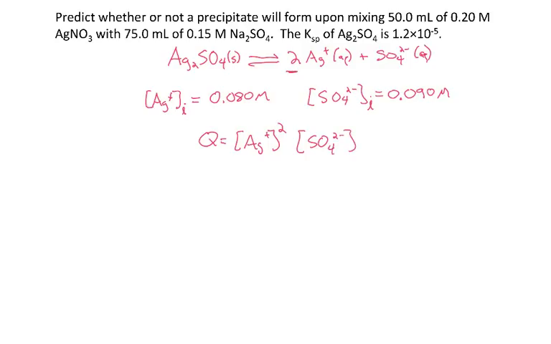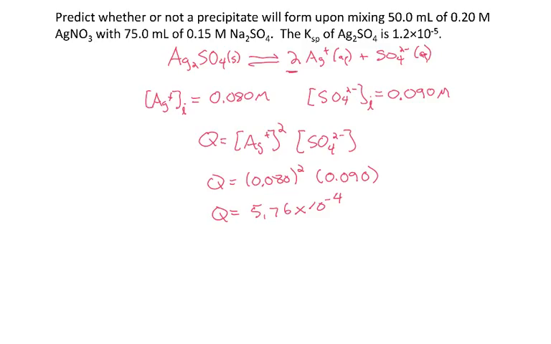Now I can plug in the initial concentrations we found on the last slide. When I multiply that out, I get a value of Q of 5.76 times 10 to the minus 4.